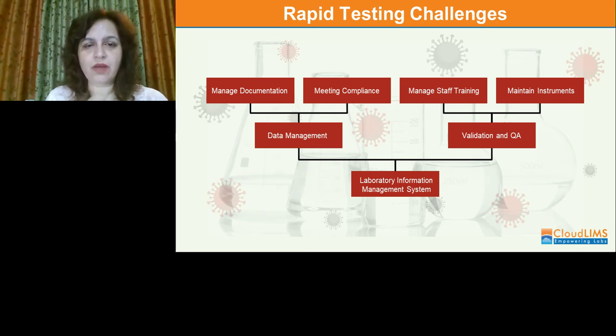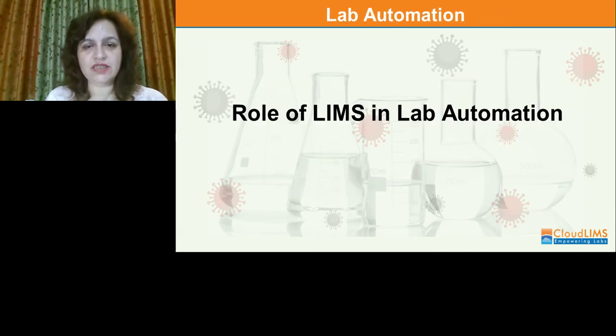The way to overcome the challenges we just discussed is to build an automation pipeline using robotics and to use informatics tools such as LIMS. At the University of California, Berkeley, at its Innovative Genomics Institute, they rapidly repurposed a 2,500 square foot scientific lab into an automated diagnostic laboratory.